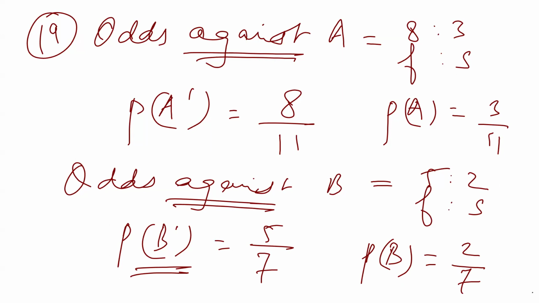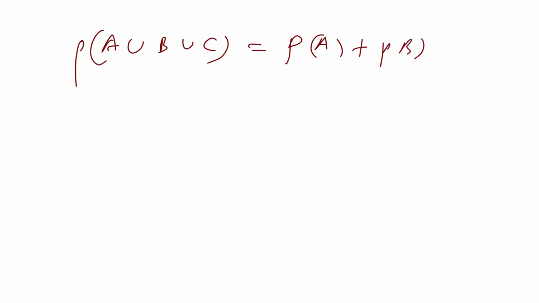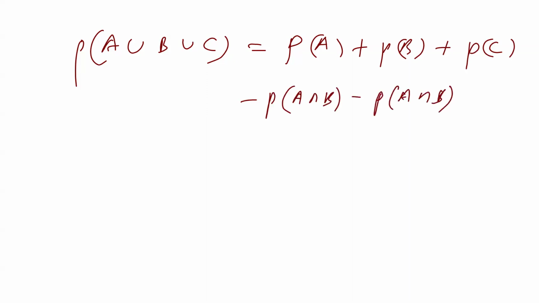So P of A union B union C is equal to P of A plus P of B plus P of C, minus P of A intersection B. In the previous problem I did not do this because there are four sets, and writing the addition theorem for four sets becomes quite a task.